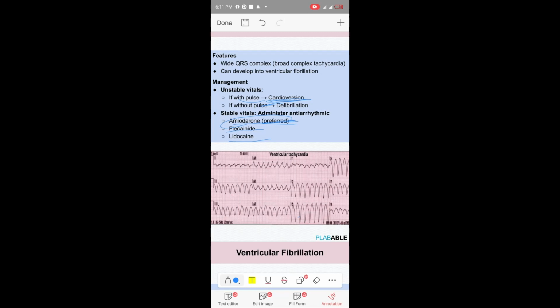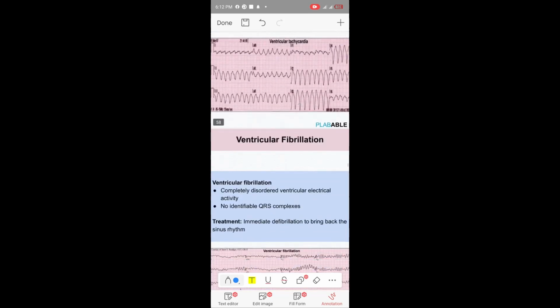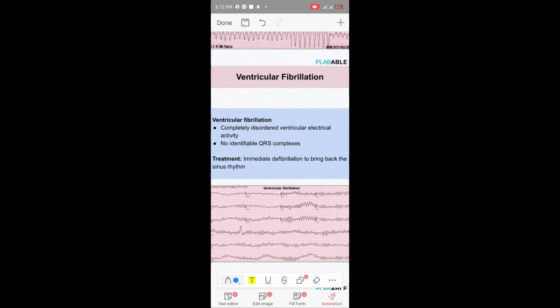But always in VT, if it's stable and you feel a pulse, that's not necessarily stable. If the BP is low, you will still have the pulse. So you need to go for amiodarone in the patient who has VT, but the pulse is there. Now comes ventricular fibrillation, where you do not have any rhythm, nothing.